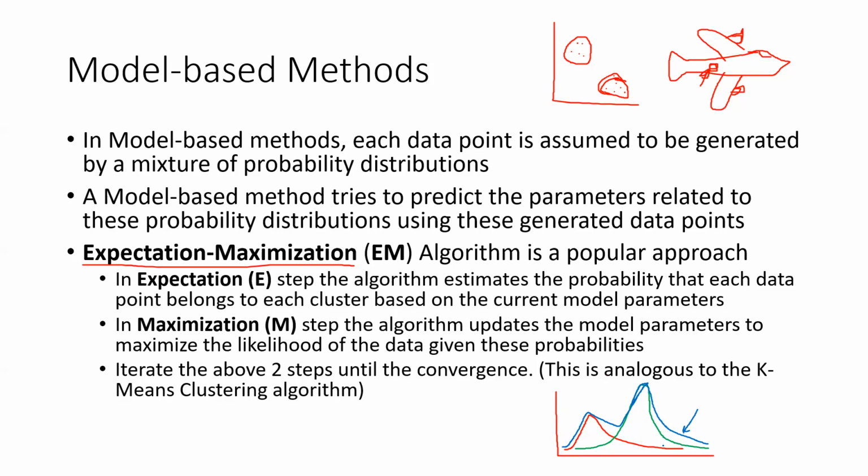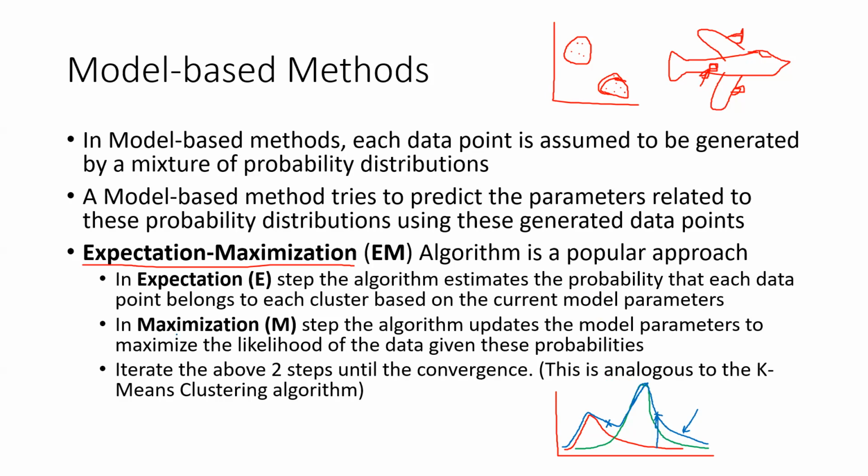In order to do that, for each of the data points that we observe, somewhere here, here and so on, we assign how much probability that each data point would be generated by this green color distribution and this red color distribution.